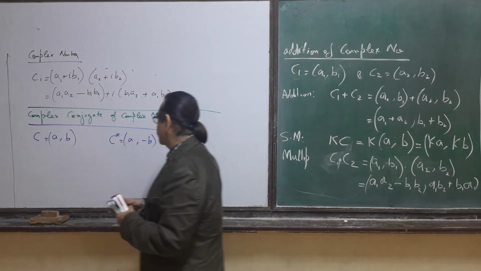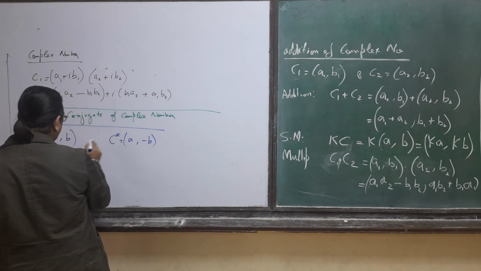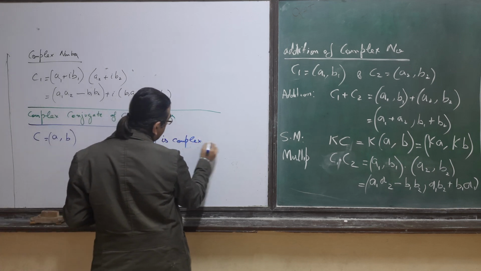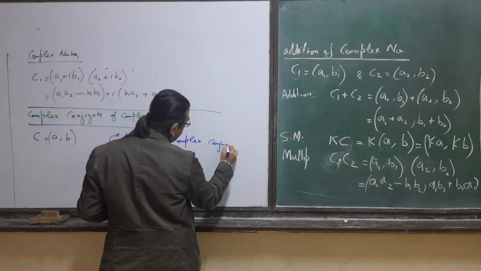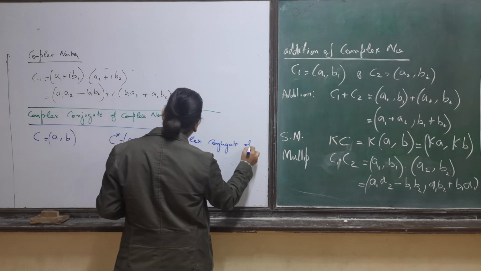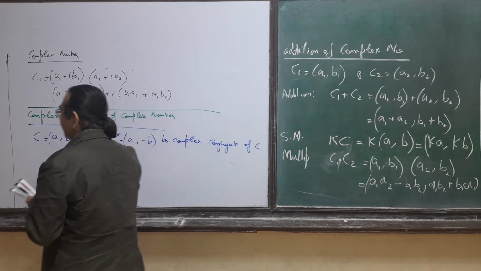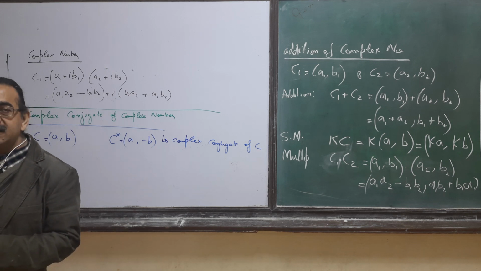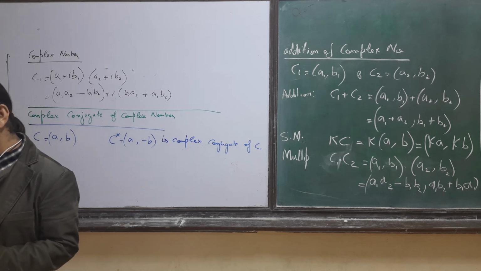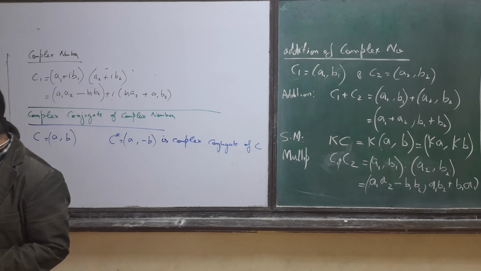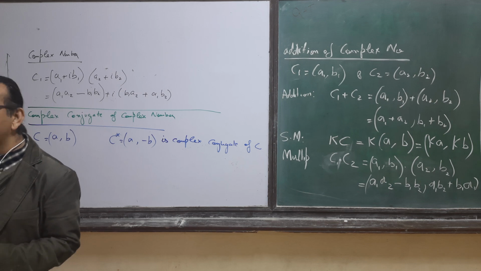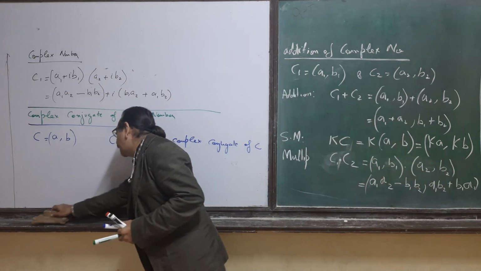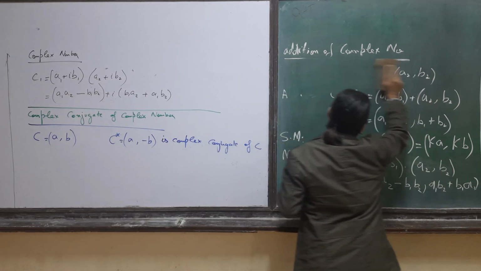This is the complex conjugate of C, and this is the mirror symmetry. Mirror symmetry means that if the parity of only one axis changes, then that is mirror symmetry.